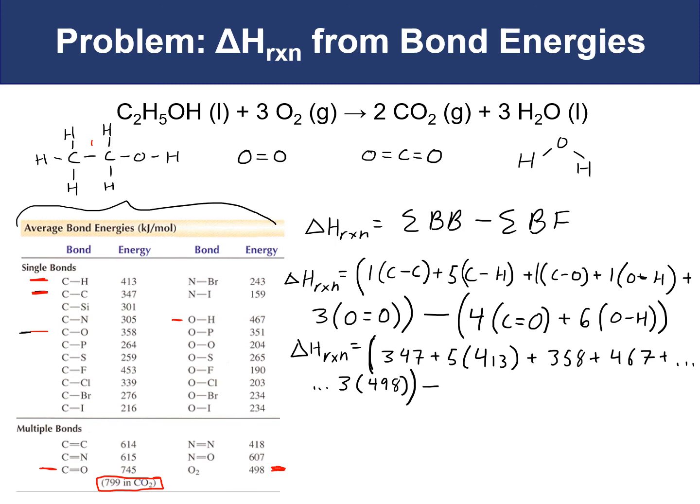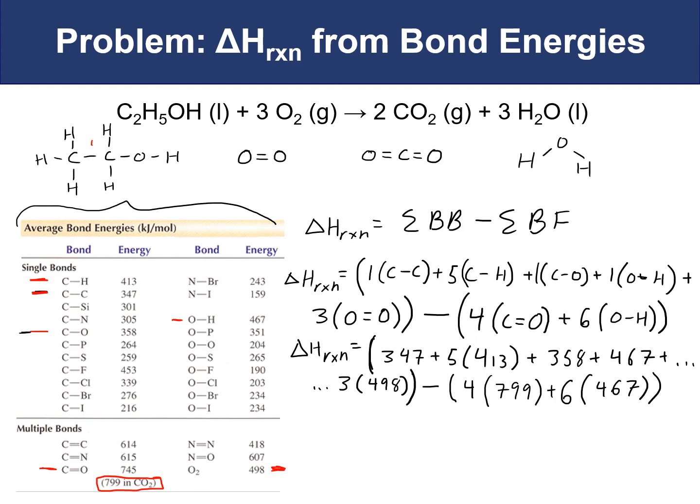We then subtract the bonds being formed, which are coming from our products. So that would be 4 times the carbon-oxygen bond that comes from CO2, so 4 times 799, plus 6 times our oxygen-hydrogen, which is 467.